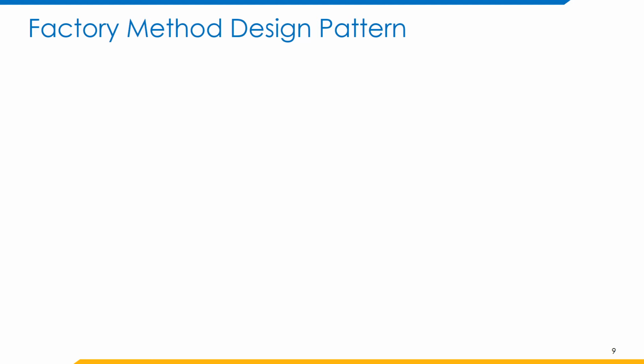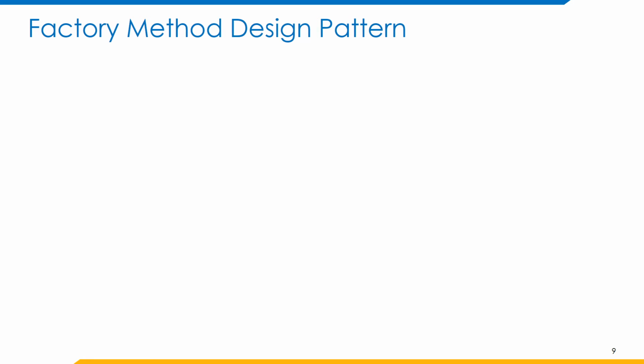Sometimes the object creation process is complicated, and we have to write some lines of code to create a single object. In that case, we will refer to this design pattern and write the object creation process inside one method, and we will call that method whenever we want to get that particular object.